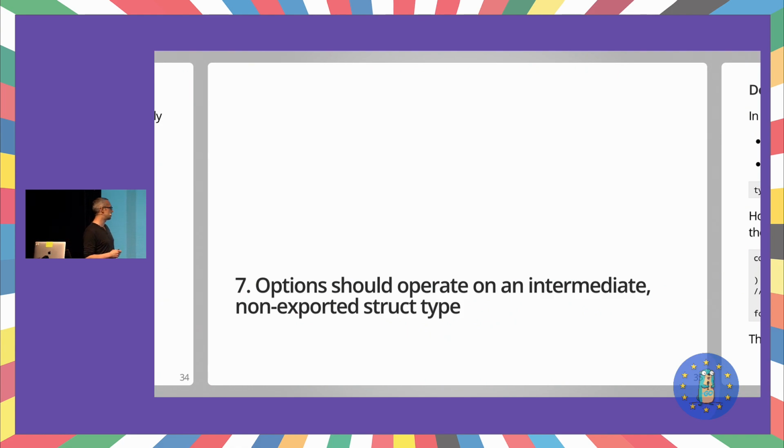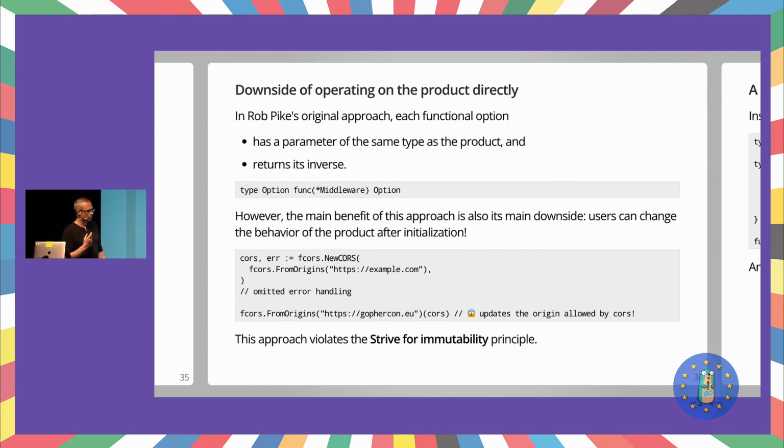Options should operate on an intermediate non-exported struct type. So if you go back to Rob Pike's original posts, functional options actually operate on a parameter that has the same type as the product, the thing that we're trying to build. And they actually also return their inverse, because Rob Pike insisted on being able to reverse the effect of the application of an option.